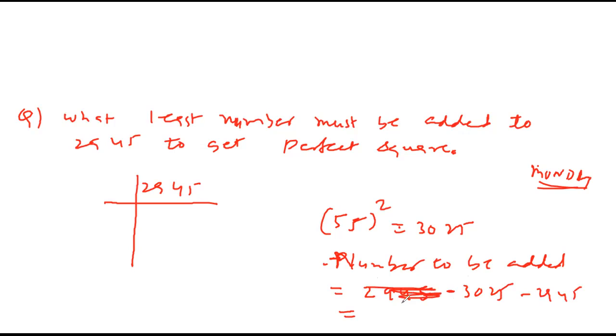How much do you get? 80. Correct, 80. And the required number is then 3025, and the square root of 3025 will be 55.